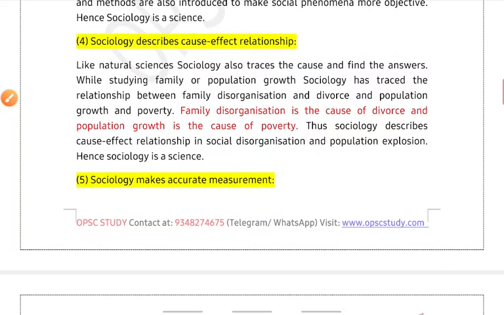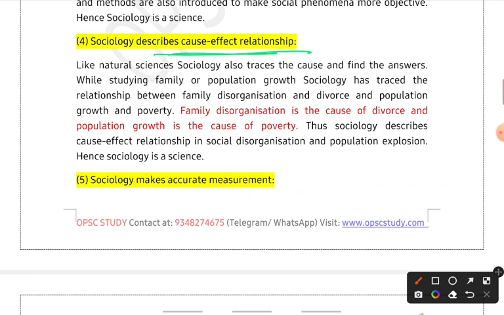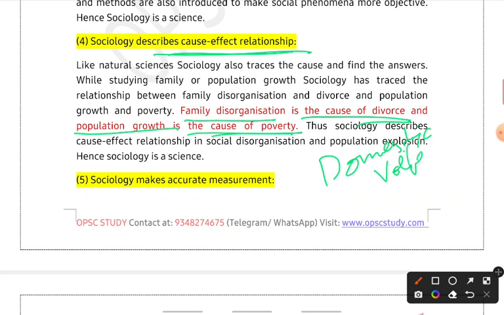Then sociology describes cause and effect relationship. Example, family disorganization is the cause of divorce, and population growth is the cause of poverty. So what are you saying, what is the cause and what is the effect? Suppose you take one more example, domestic violence.